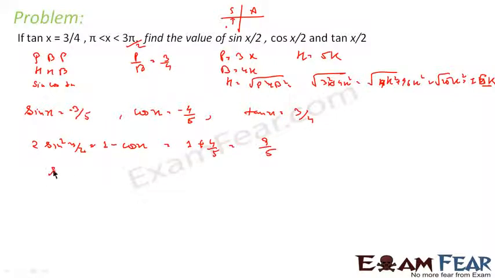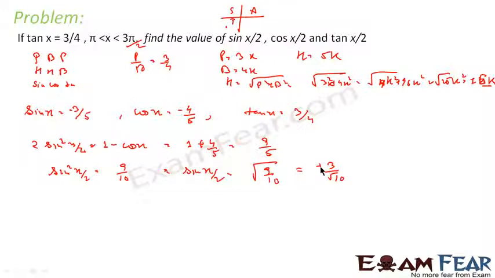So sin square x by 2 is equal to 9 by 10. Correct? Sine square x by 2 is equal to 9 by 10, or sine x by 2 is equal to plus minus 3 by root 10.